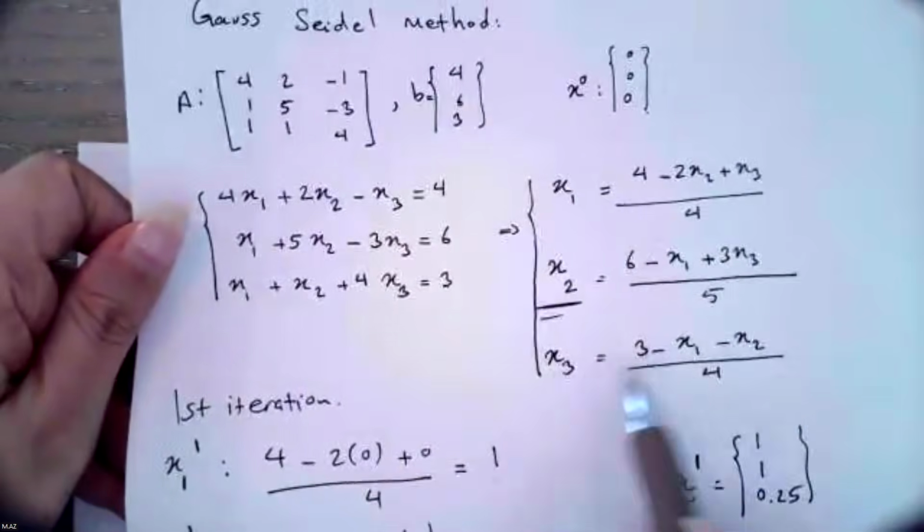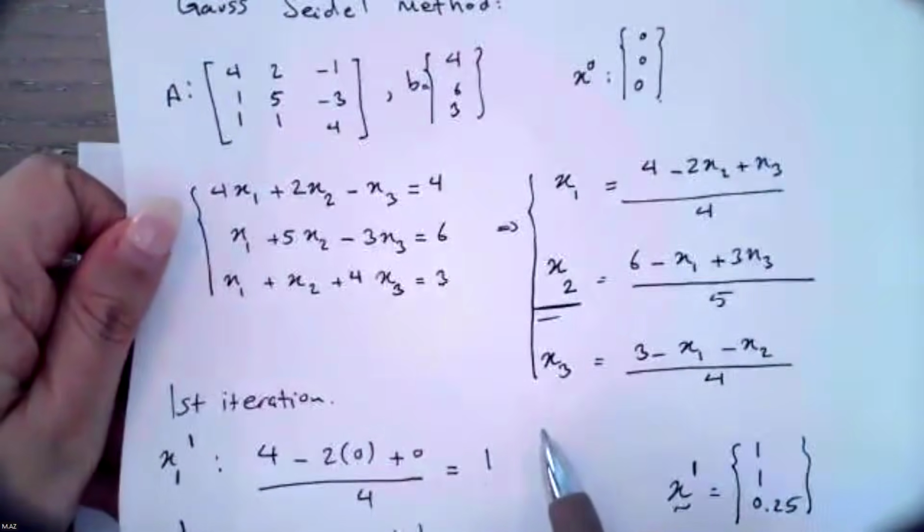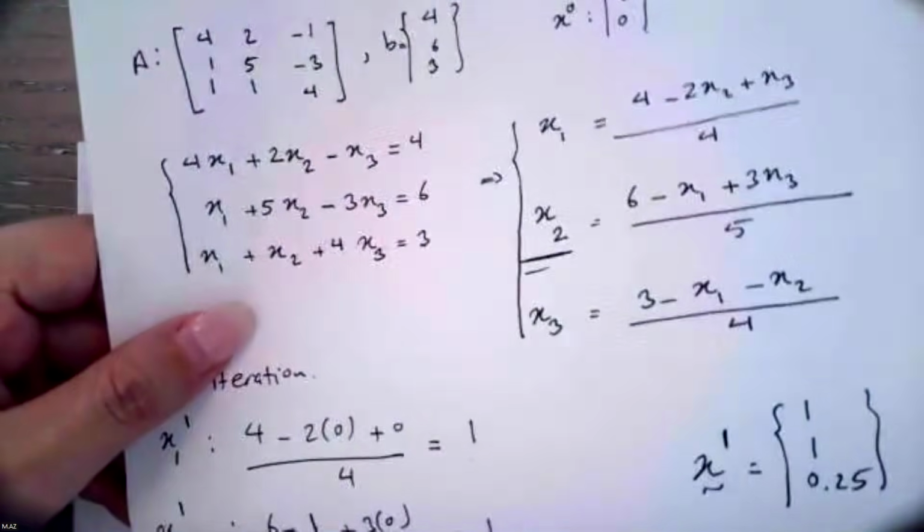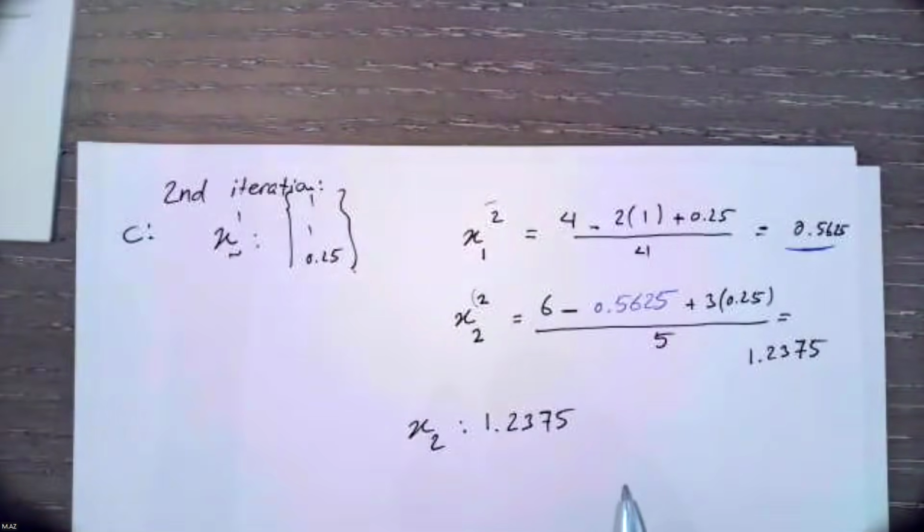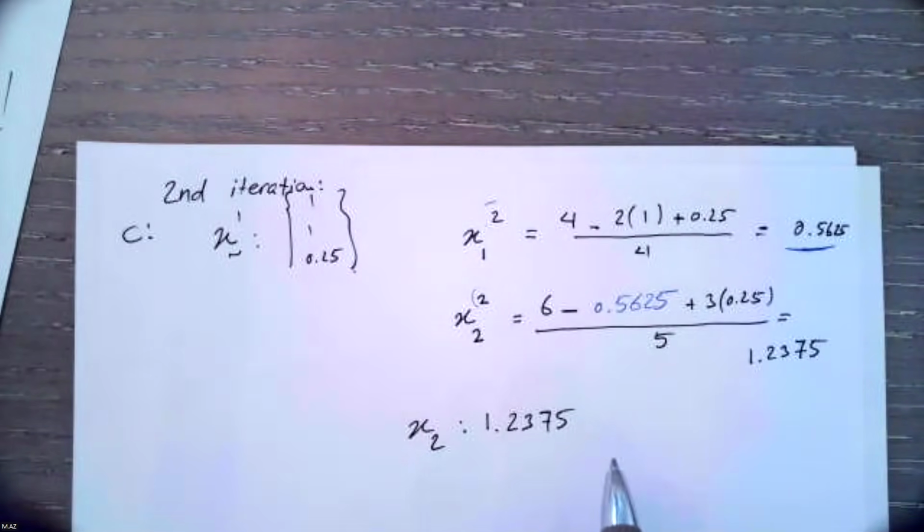They need the initial guess, and also we rearrange the equations based on the variables and then plug in. But Jacobi is a parallel method, while the Gauss-Seidel is not a parallel method. This is the answer of part C.